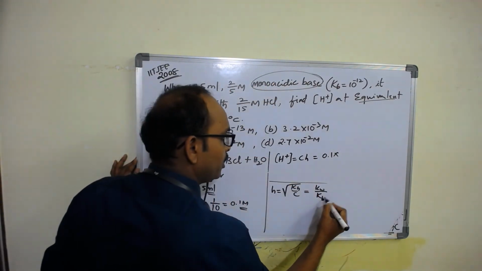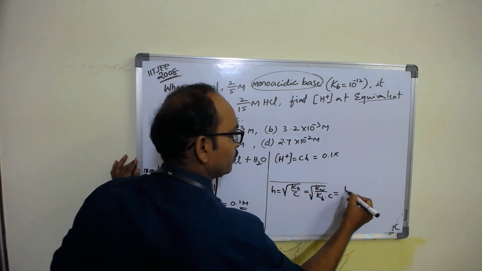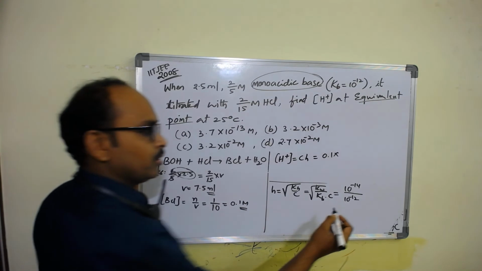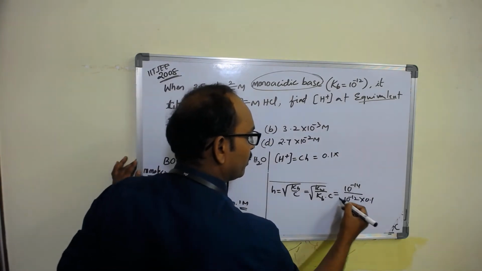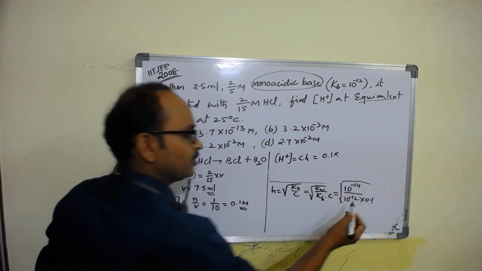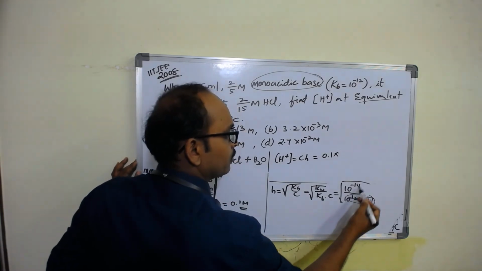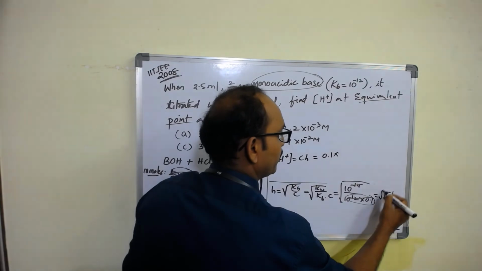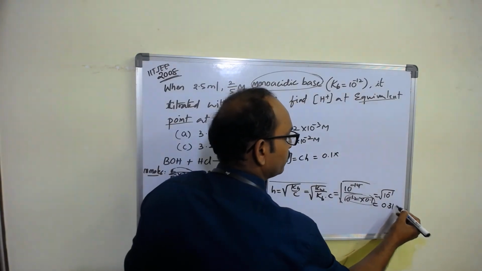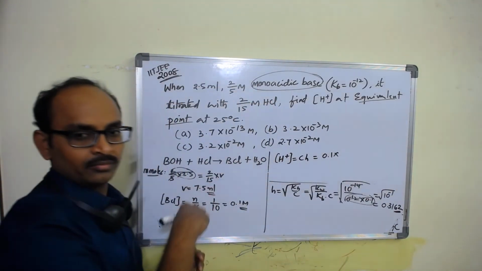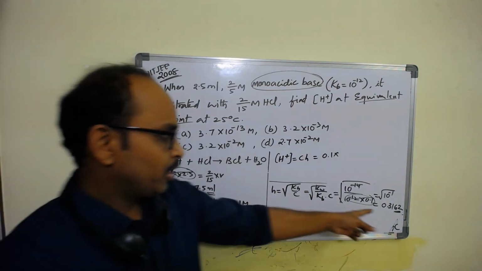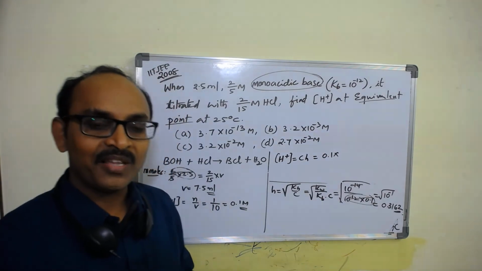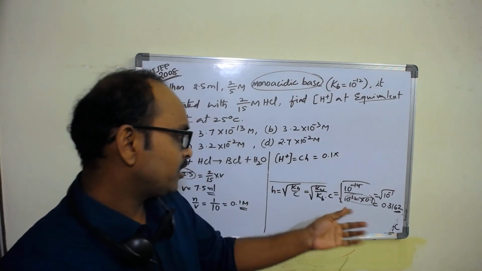Kb into C: 10 power minus 14 by 10 power minus 12 into 0.1. If you take the square root, this is 10 power minus 13, so the square root of 10 power minus 1 will be 0.3162. The h value is coming as 0.3162, nothing but 31.62%. We are getting an h value of 31.62%.